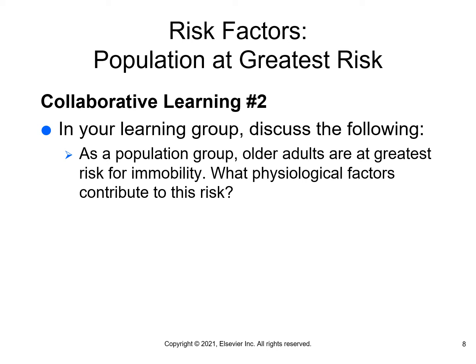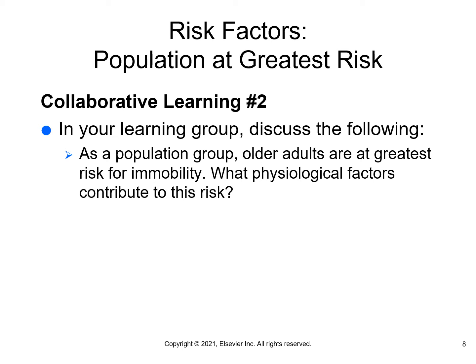So again, who's at greatest risk? Why the older population? What contributes to that risk? Even if you don't attend the class, pause, go into your book, look at that, see why these older adults are at greatest risk for immobility.